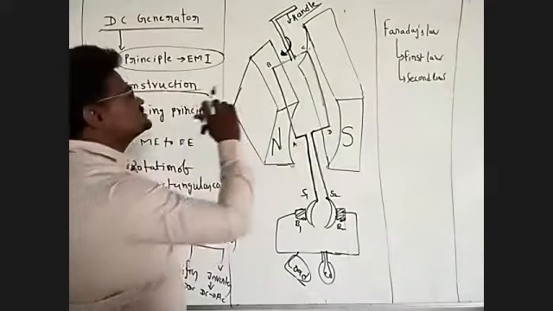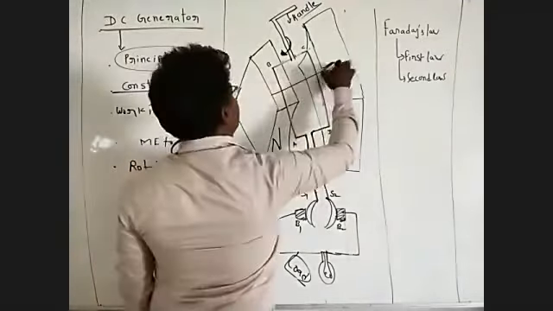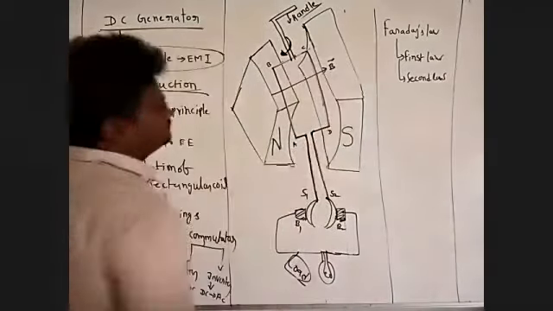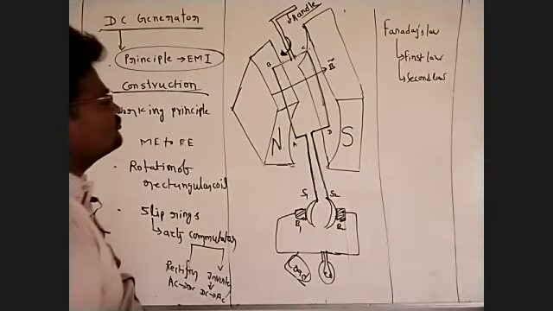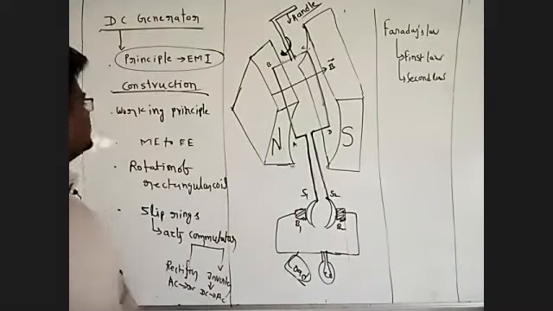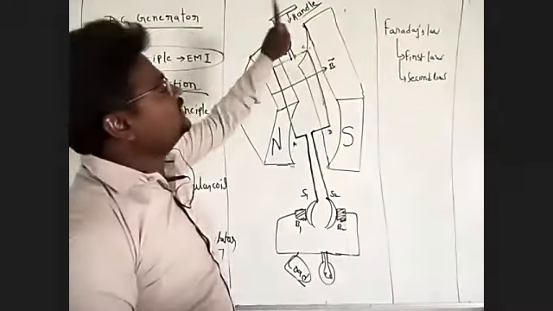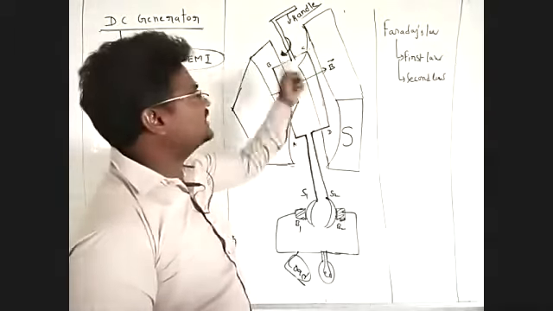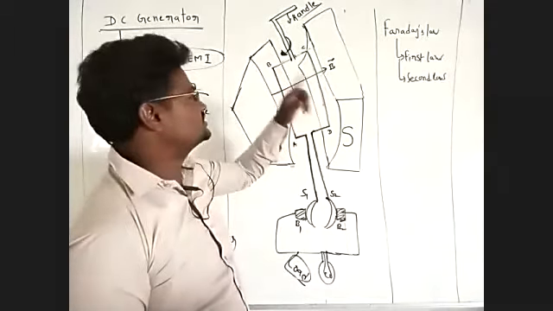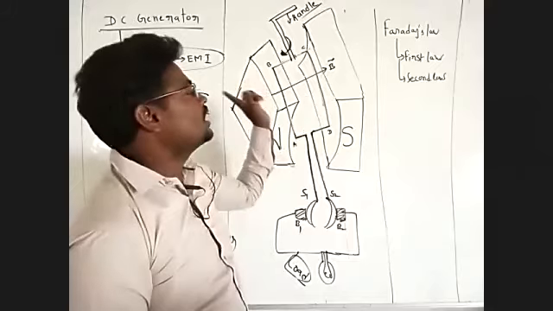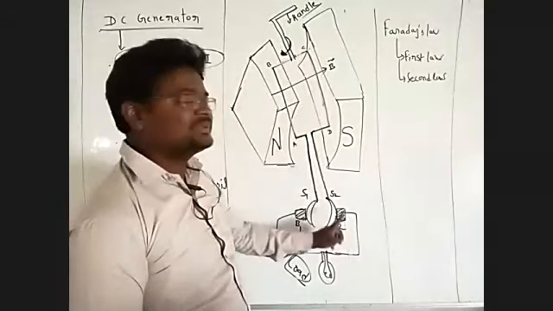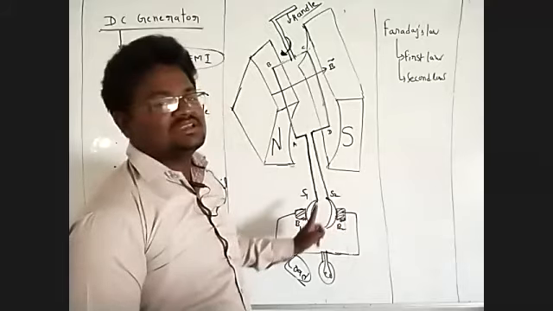Next, the magnetic flux lines move from north to south. This is the direction of the magnetic field. The handle is rotating in a clockwise direction. The armature also rotates along with the slip rings.